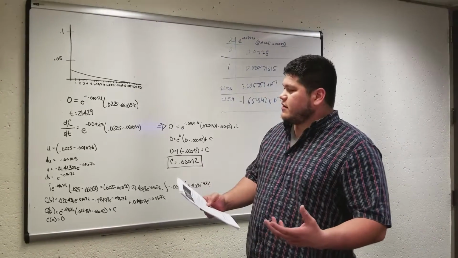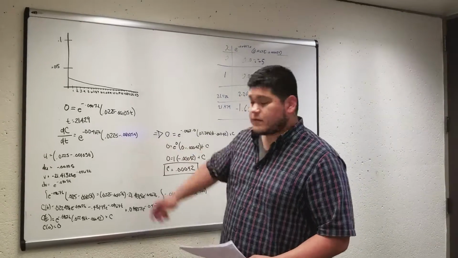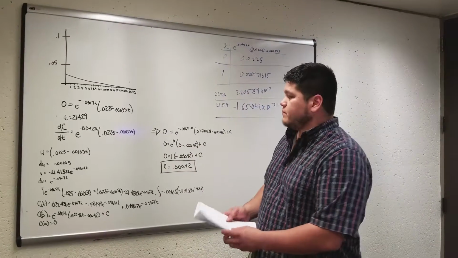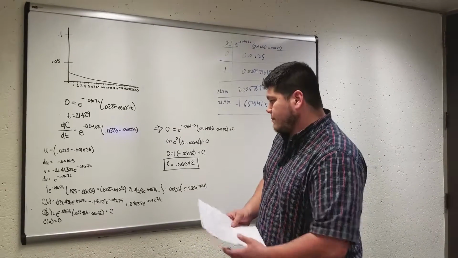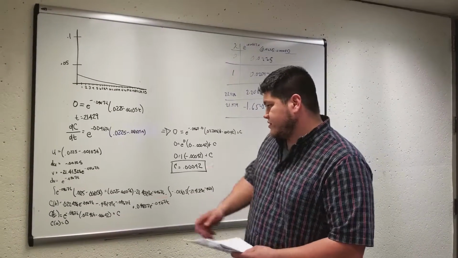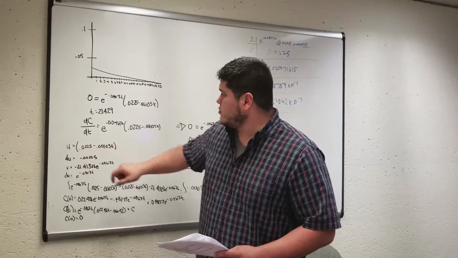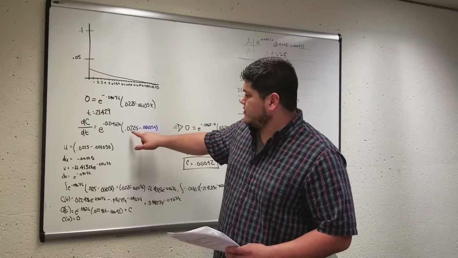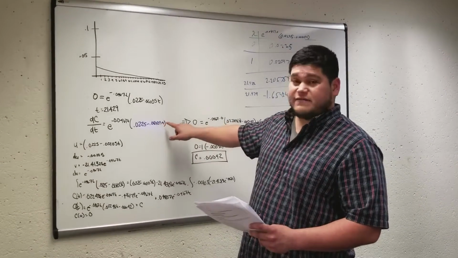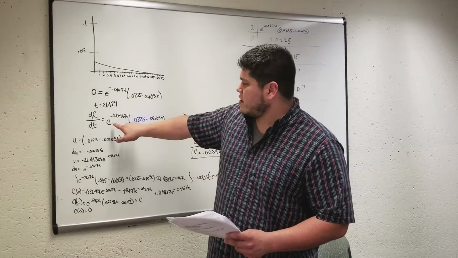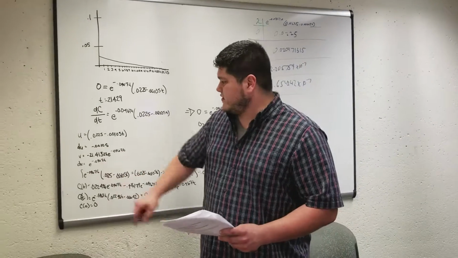So the next question we were analyzing was what would the equation be, the antiderivative of this rate? We solved that using integration by parts. As you can see right here, we chose u to be 0.0225 minus 0.00105 t, and we chose e to the power of negative 0.0467 t as our v.